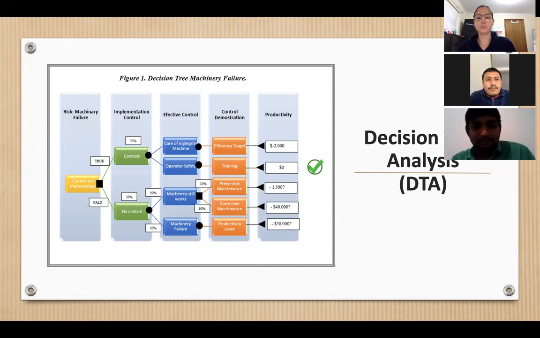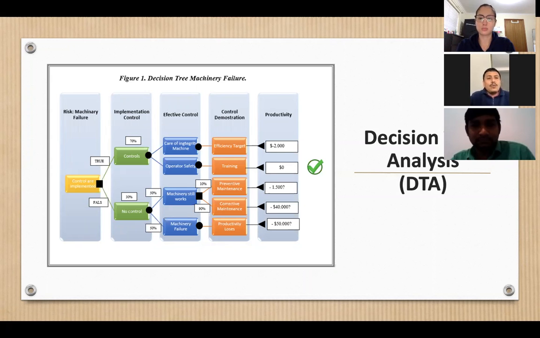But on the contrary, the implementation of controls contributes to improvement in the productivity and the care of the machines, and also the safety of operators.